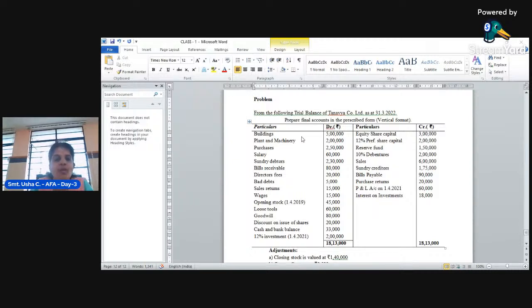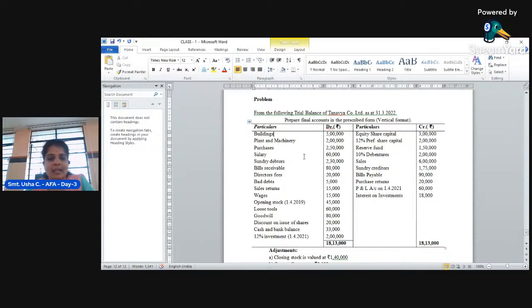While analyzing the problem, you should check where each item has to be taken, whether to the profit and loss account, in the sense of the statement of profit and loss, or the balance sheet. If it is an item of the statement of profit and loss, you can mark somewhere that it is a profit and loss item. If it is a balance sheet item, you can mark it as assets, liabilities, or balance sheet, like that.